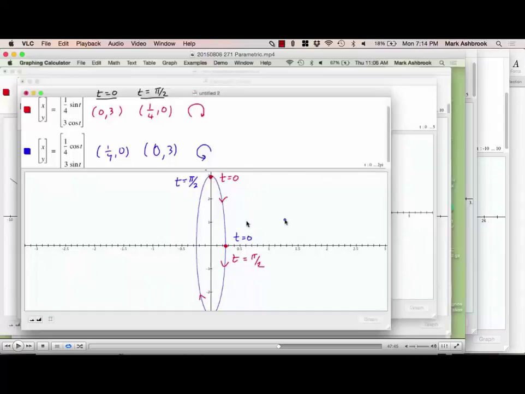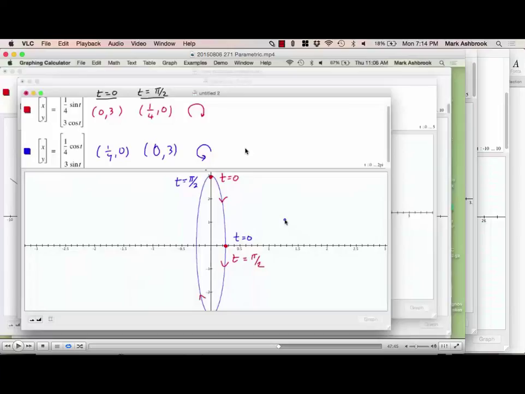And when t equals pi over 2, you get the point 1/4, 0. For the second one, when t equals 0, you get 1/4, 0, and when t equals pi over 2, you get 0, 3. So not only do they start at different points when t equals 0, but they trace out the curve in different directions. The red one traces it out clockwise, and the blue one counterclockwise.